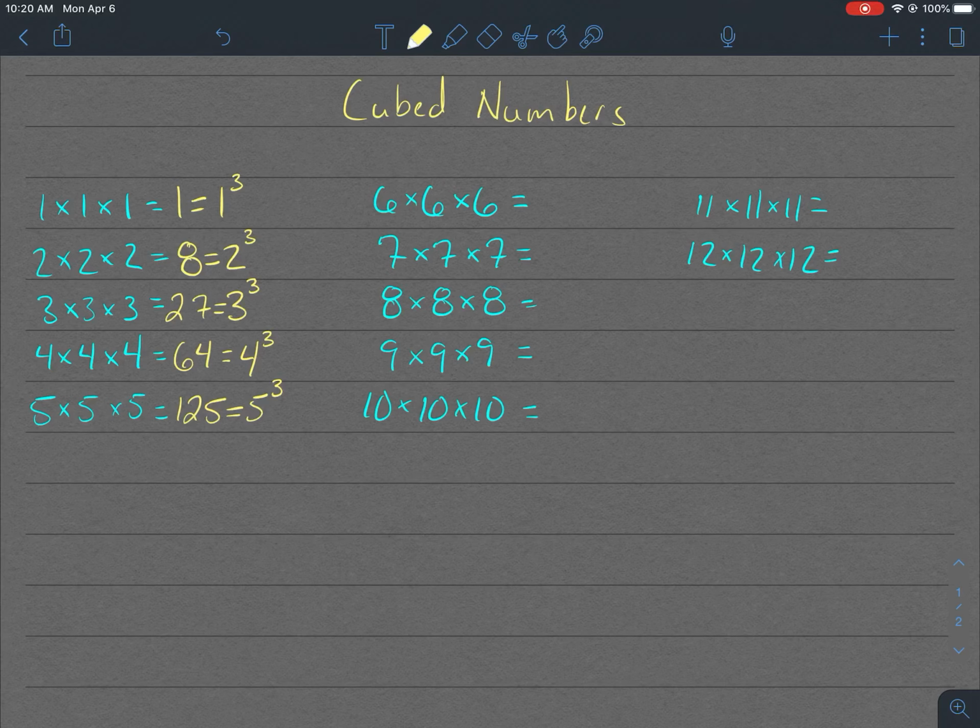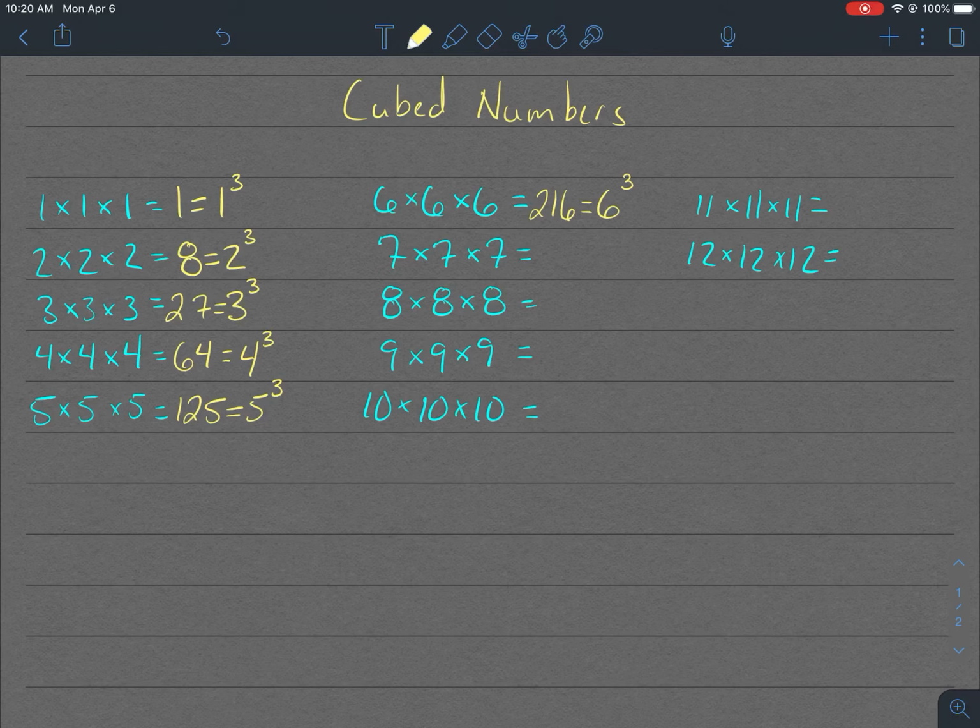Okay, next one, we have 6 times 6 times 6. Well, 6 times 6 is 36. You multiply 36 times 6, you're going to get 216, which is equal to 6 cubed.